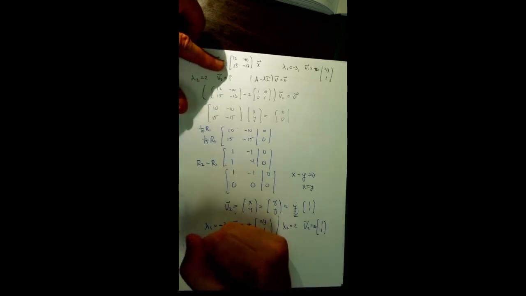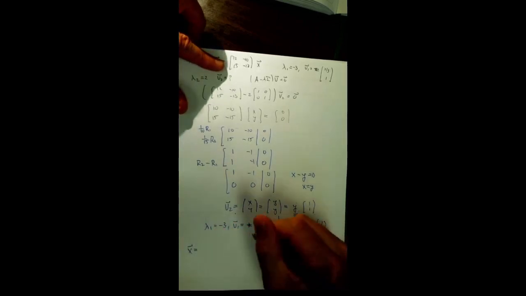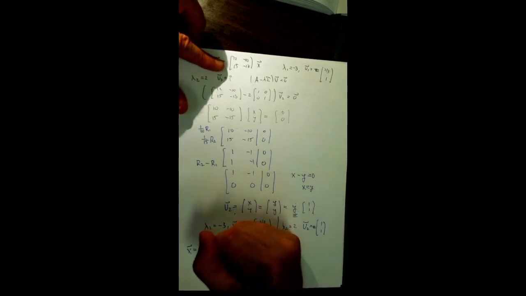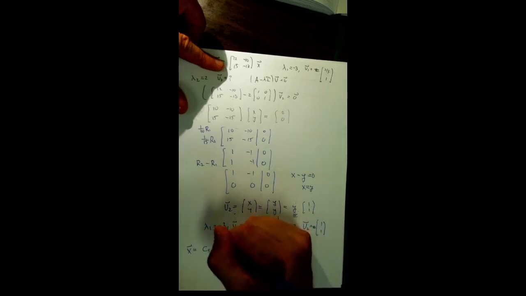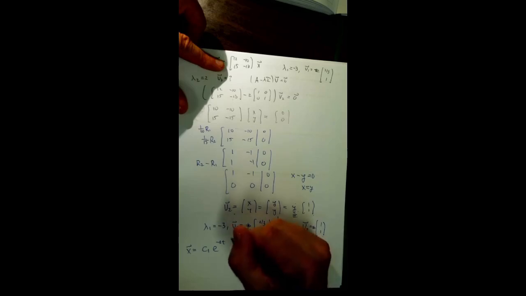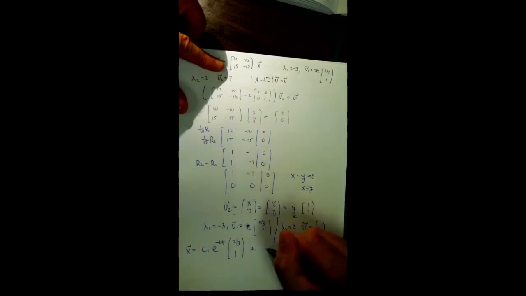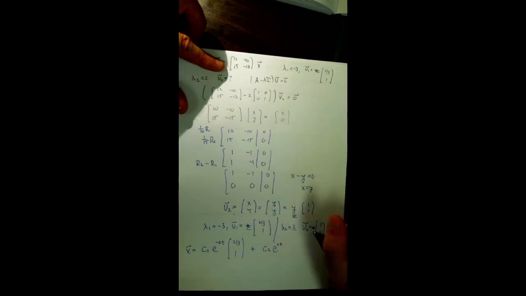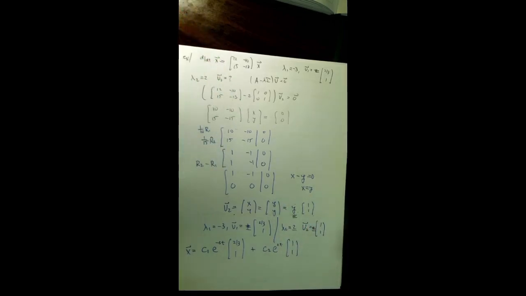Which means my solution to my differential equation is going to be any number, we'll call it C1, times e to the lambda t, in this case lambda is minus 3, times this vector, and then the other one is going to be C2 e to the 2t, because that's my lambda, times any number times 1, 1.